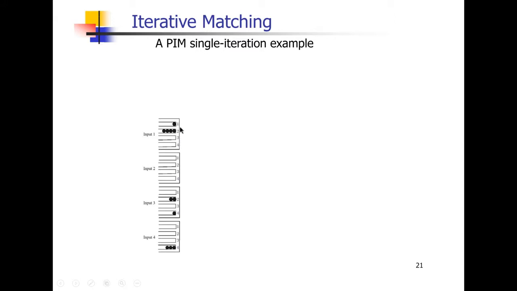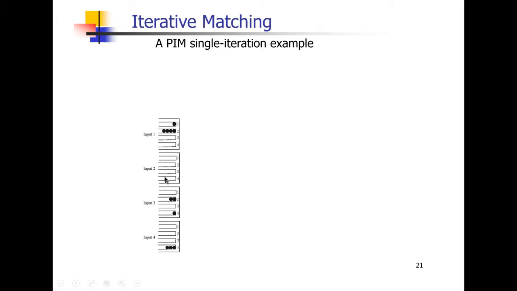So in this specific time slot, we have a cell arrived at input 1, which is requesting output 1, a cell at input 1, which is requesting output 2, a cell at input 3, which is requesting output 2, and another requesting output 4, and one cell at input 4 requesting output 4.